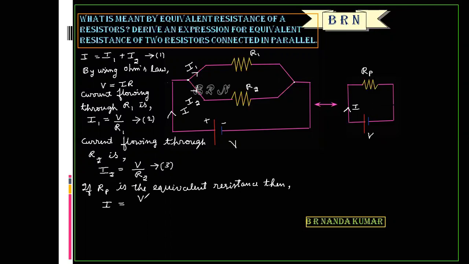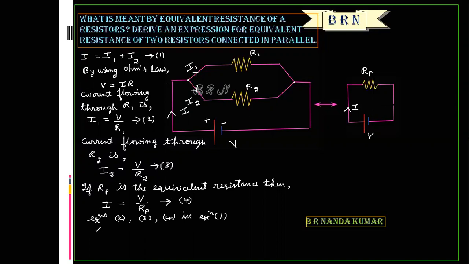I is equal to V divided by RP. Call this equation number 4. Now substitute equations 2, 3, 4 in equation number 1.